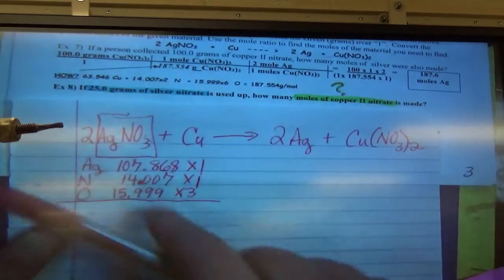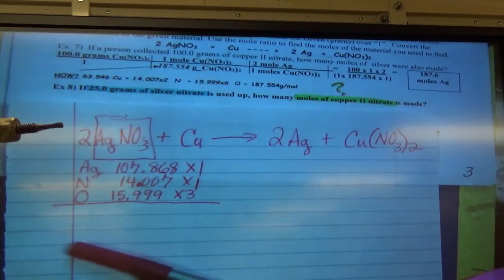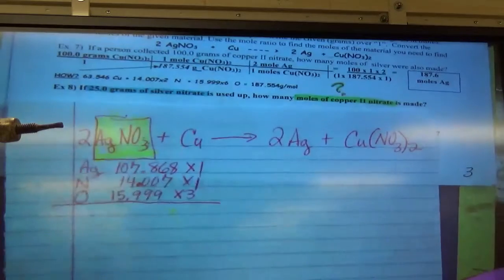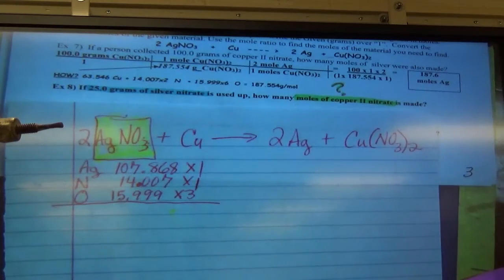Again, the coefficient is not part of the formula, okay? There's the formula. The coefficient is how many for the equation, okay? It's like the word eggs in a recipe. You might need 3 eggs, but the number 3 is not part of the word eggs. I know that's silly, but it's kind of the same thing.